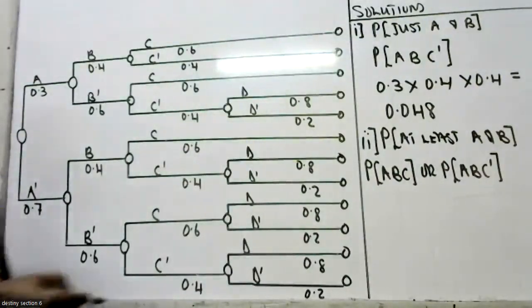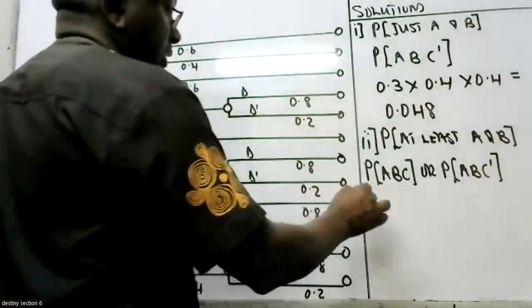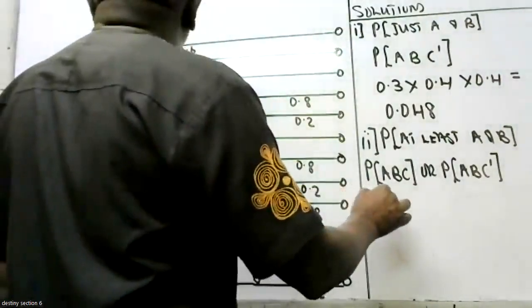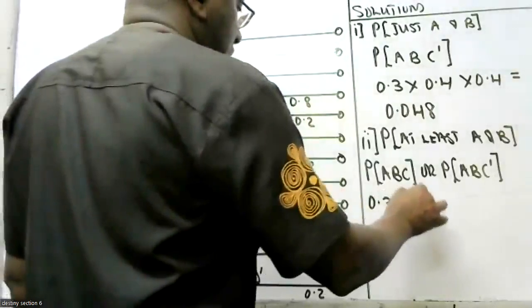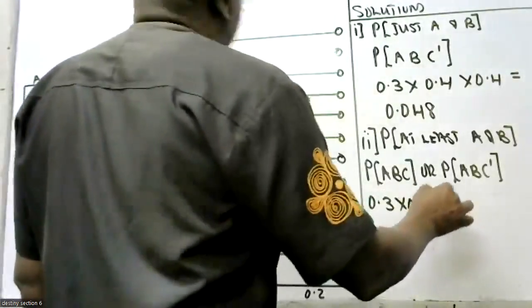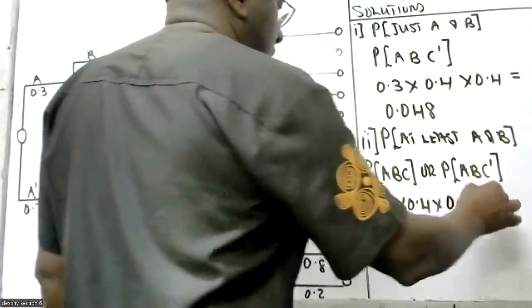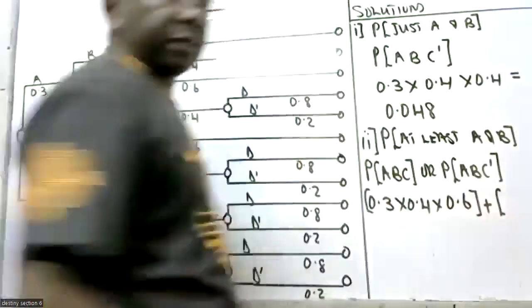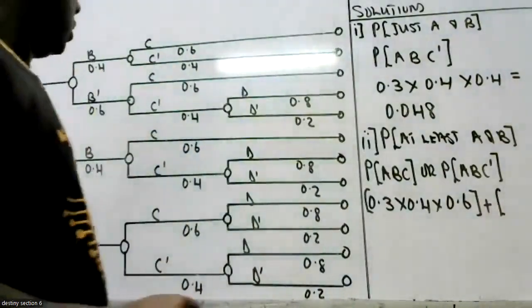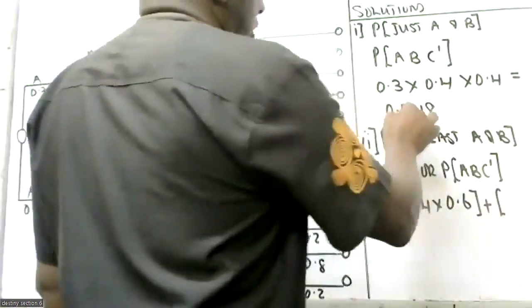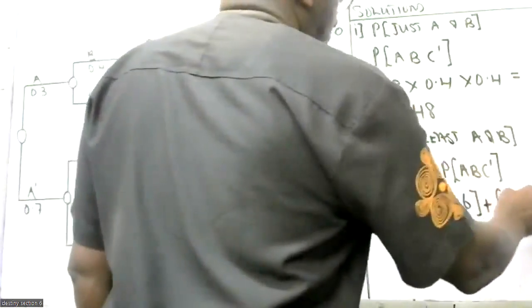So if that is all, then this will be 0.3 times 0.4 times 0.6 plus, actually this one that is up here, 0.048.